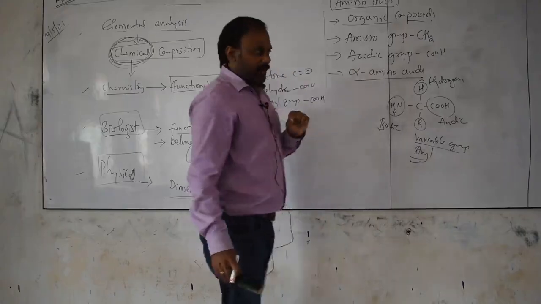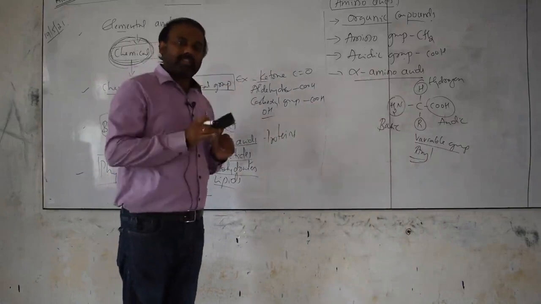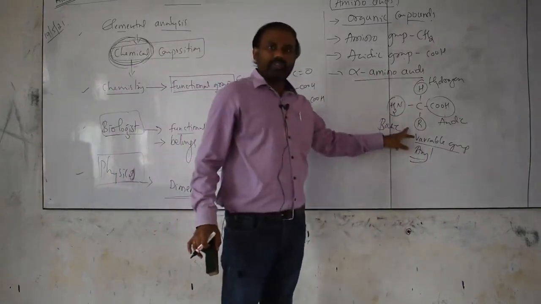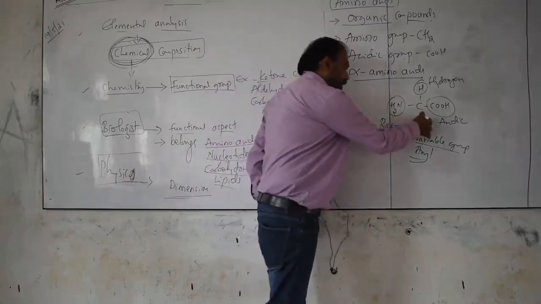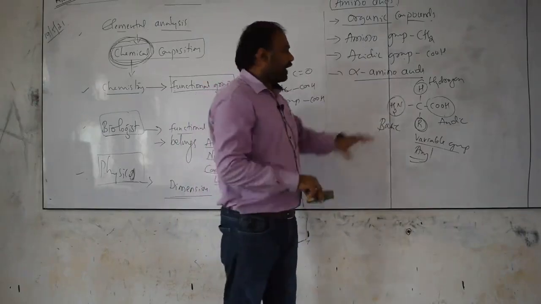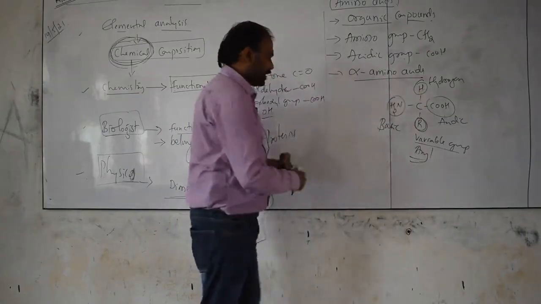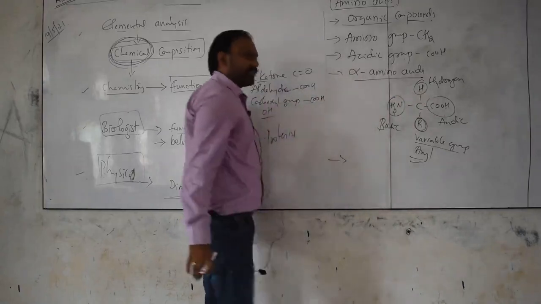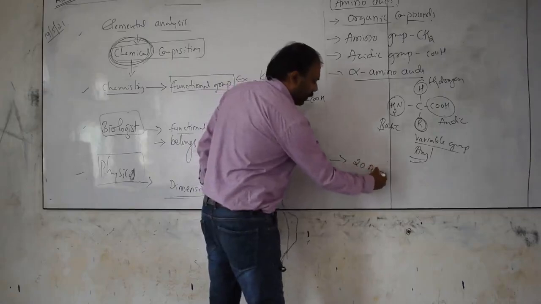If I use any particular amino acid, this R is going to change. So what kind of group is present in the R? Based on that, we are going to name the different amino acids. Till date, scientists have discovered 20 different amino acids.